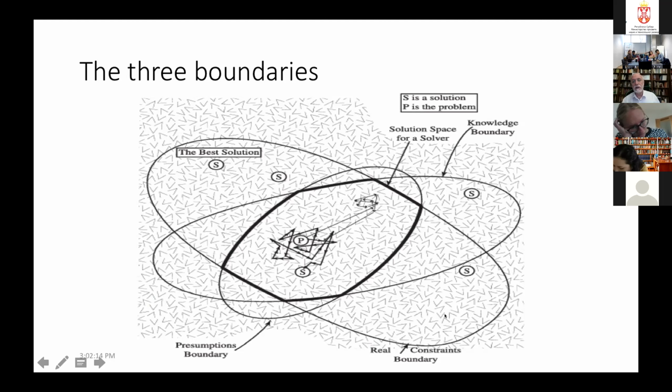And then there is the knowledge boundary, a personal knowledge and the collective knowledge. The collective knowledge is growing slowly, but constantly, and personal knowledge can grow faster because you can collect knowledge that other people have created. But there is a third boundary, and it is our prejudices, our presumptions.